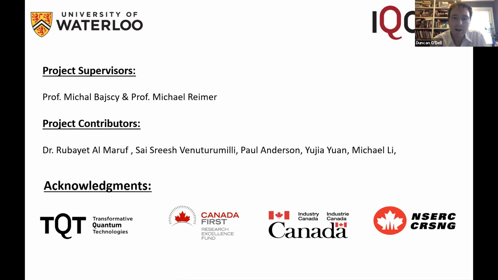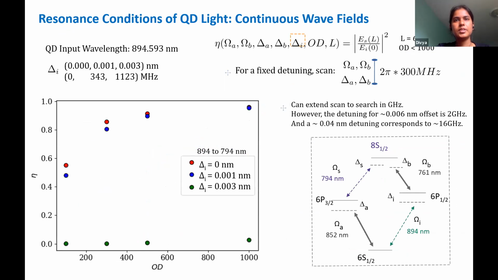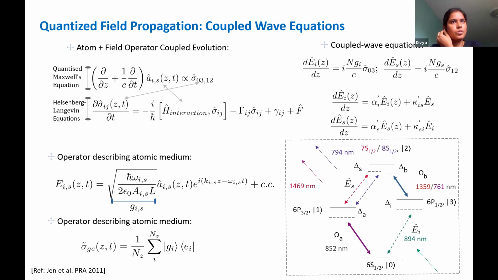Thank you. Are there any other questions? Or I'll ask another one. Divya, in your simulations, do you want to talk about how you did them? This continuous one is analytical. Oh, it's analytical. So you just solve these coupled equations analytically. Yes, it follows this reference, and we solved it in the steady state.